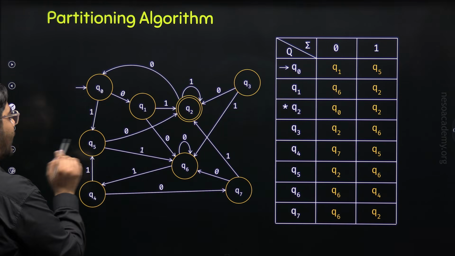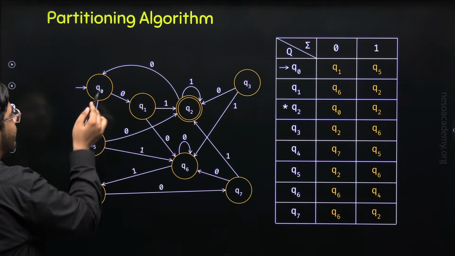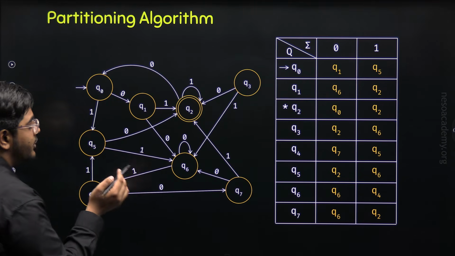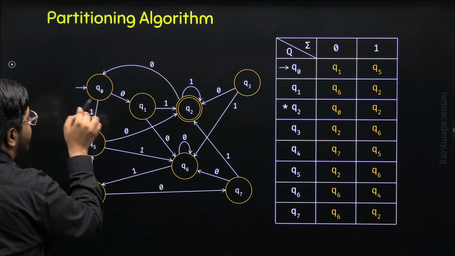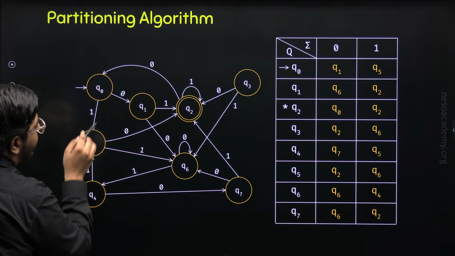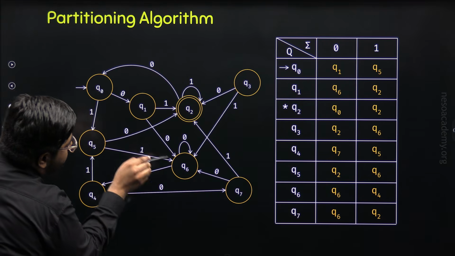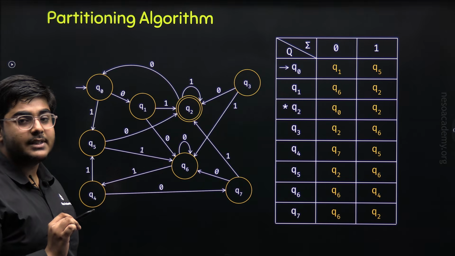Now let's check Q5. So using this transition, we can simply reach Q5 from Q0. Let's check Q6. So Q6 can be reached from Q0 using these two transitions, and you can also reach Q6 using these two transitions. That is why Q6 is also a reachable state.